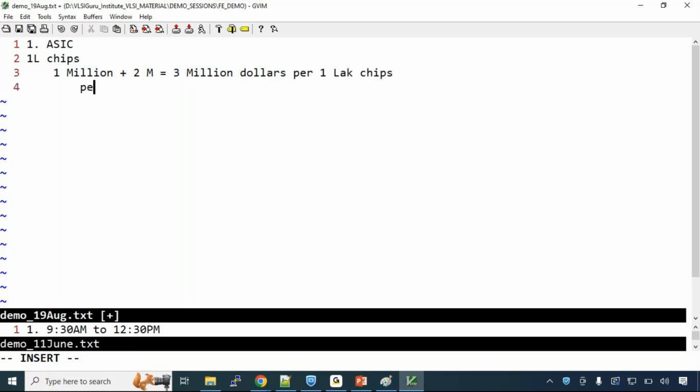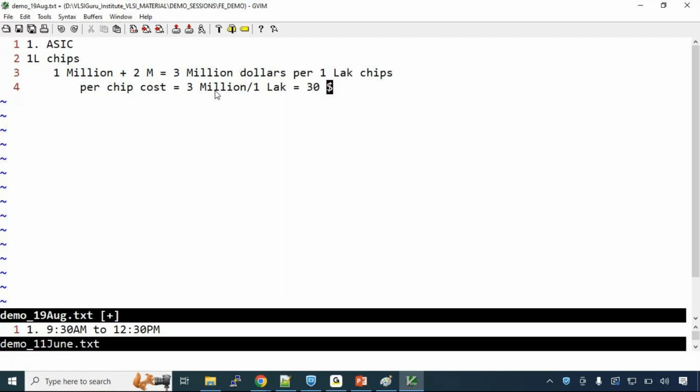So what is the per chip cost? On average, including the initial investment, what is the per chip cost? 3 million divided by 1 lakh is how much? $30. My per chip cost on average will be $30.